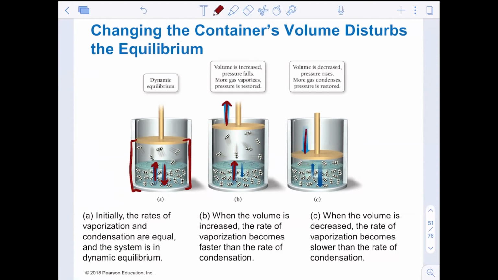If we were to compress this dynamic equilibrium, we would push down on the vapor at the top of the liquid, and therefore the vapor pressure would increase, causing the rate of condensation to increase so that we reestablish that dynamic equilibrium, reestablish the vapor pressure.